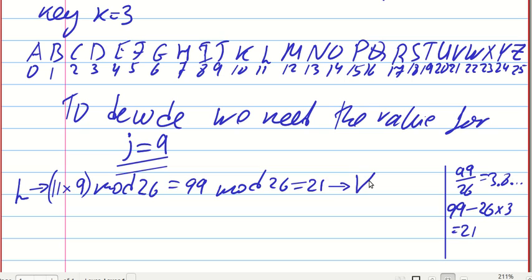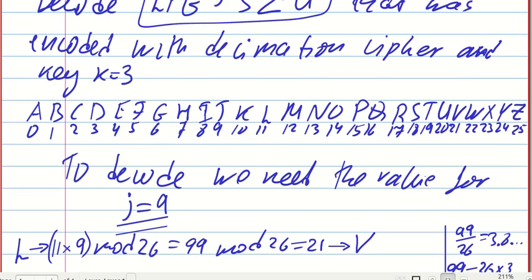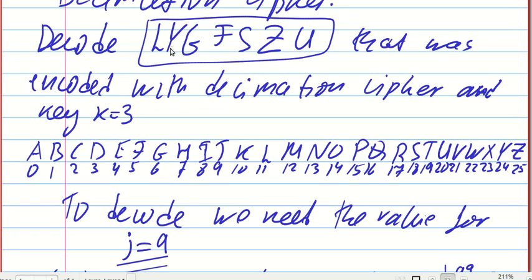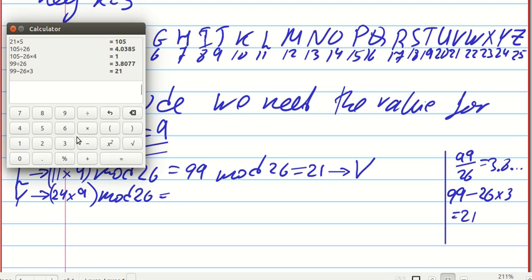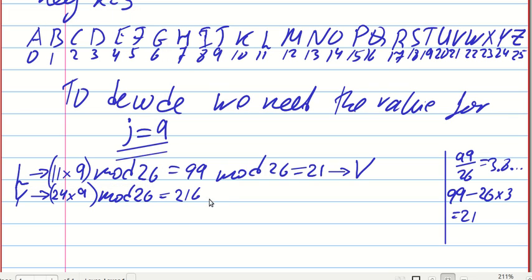The next letter that we have to decode is letter, which one? Y, right? Letter Y. So we look it up in the alphabet. Y is at the end, that's number 24. So it's 24 times 9 mod 26. Again, we use a calculator, so we do 24 times 9, 216 mod 26.